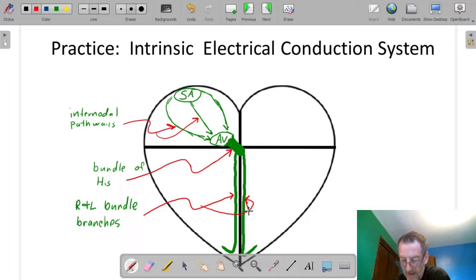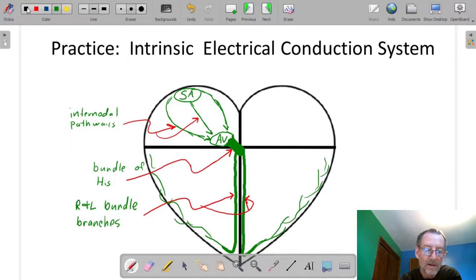Okay? And then all we have to draw are the Purkinje fibers. And they just branch out and innervate the myocardium and cause the myocardium to contract. So those are the Purkinje fibers.